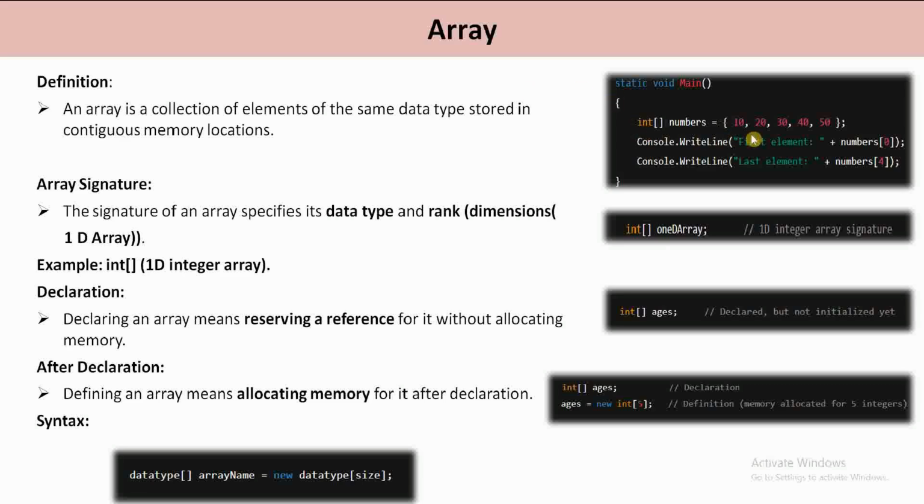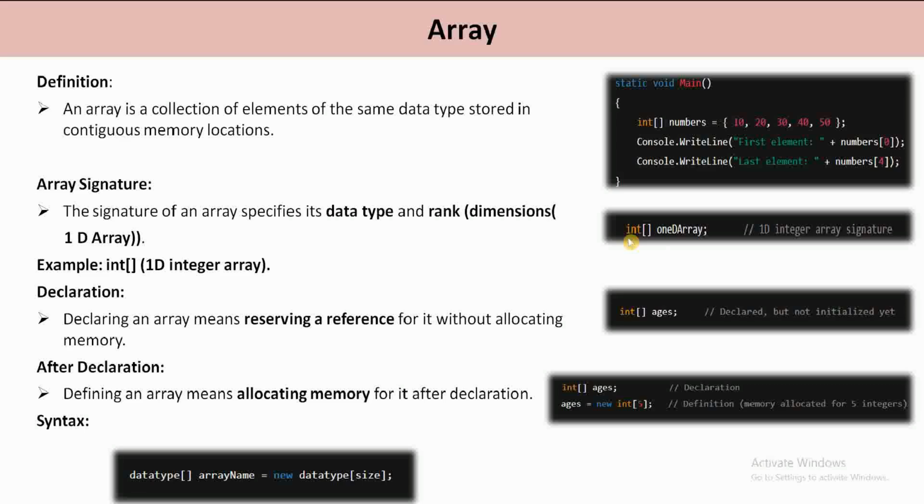In this way we can also allocate the elements to that integer array without declaring the size of that integer array. Next we have array signature. The signature of an array specifies its data type and rank, dimensions, 1D array. So the signature of arrays is its data type and rank dimension, means what kind of arrays we are using: one dimensional array, two dimensional array, three dimensional array, or jagged arrays.